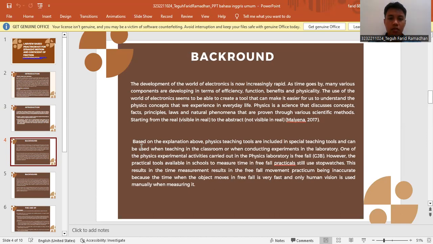Based on the explanation above, physics teaching tools are included in special teaching tools and can be used when teaching in the classroom or when conducting experiments in the laboratory. One of the physics experimental activities carried out in the physics laboratory is free fall or GLBB.